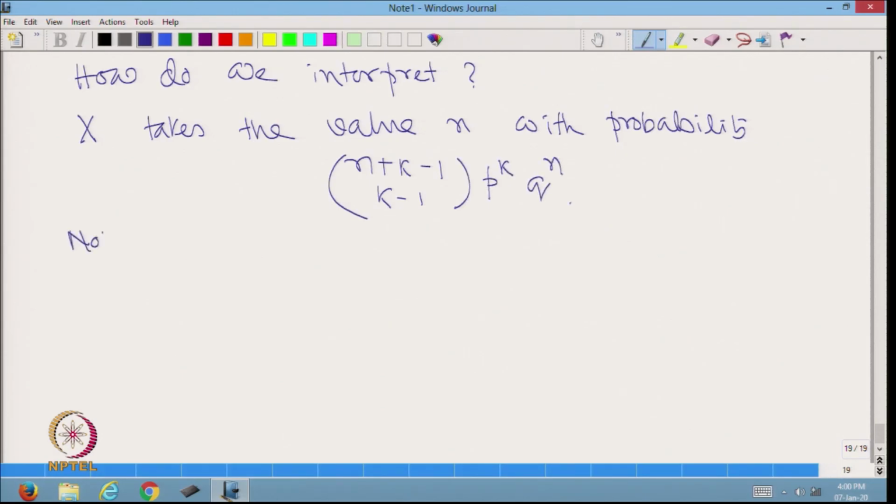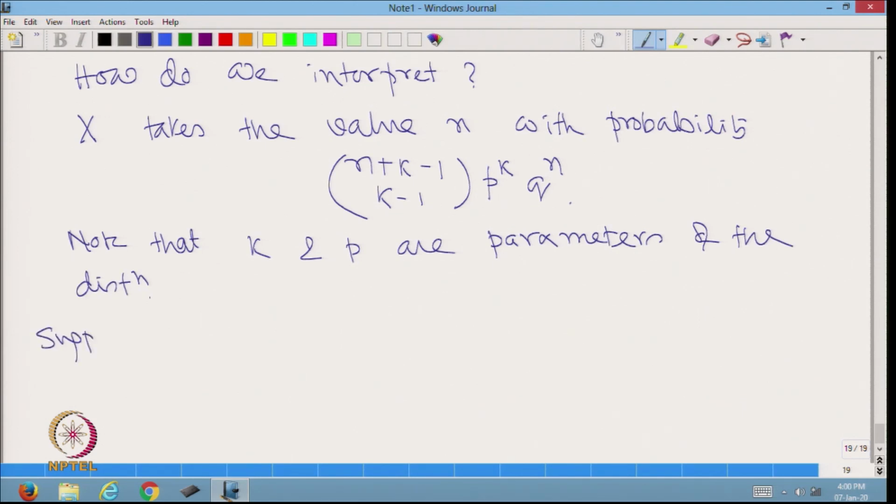Note that k and p are parameters of the distribution.